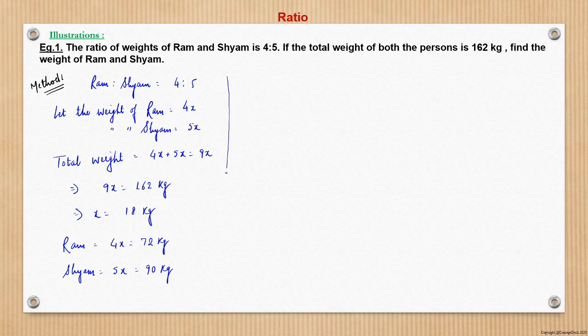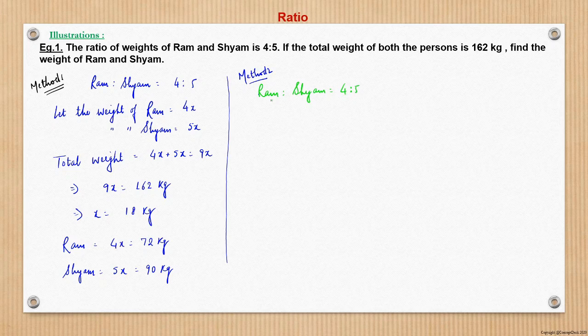Now we take method 2. Method 2 says, see, what is given to us? 4 is to 5.